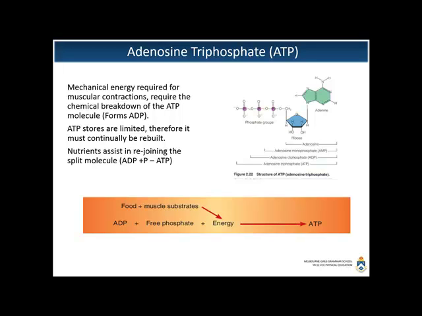So this is quite nice, this orange bit at the bottom that says ADP plus free phosphate, or as we've looked at it, inorganic phosphate, plus energy equals ATP.